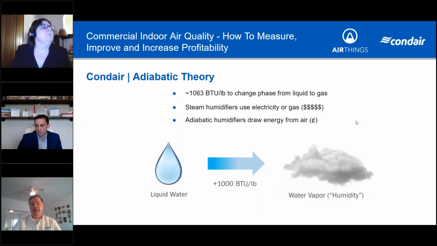And that gets very expensive, especially if you have a load requirement of hundreds or thousands of pounds. With the adiabatic humidification system, you're not boiling any water. You're simply taking supply water and atomizing it directly into space. So very little energy is required. So a much cheaper way of handling humidification. Next, please.